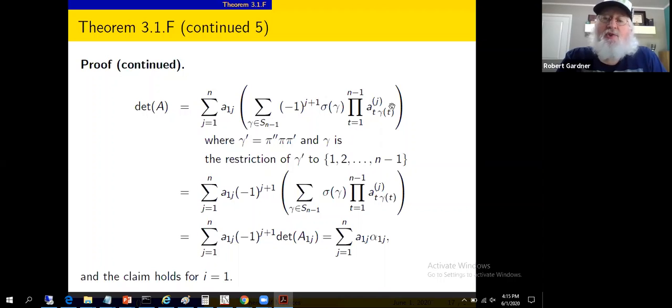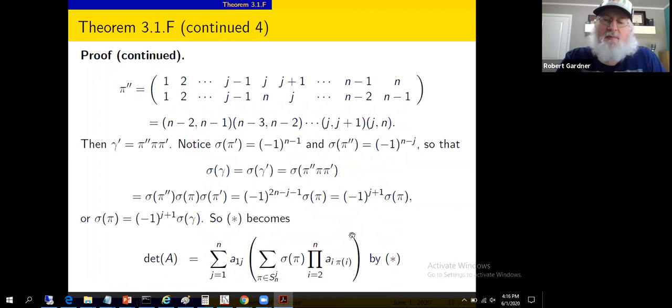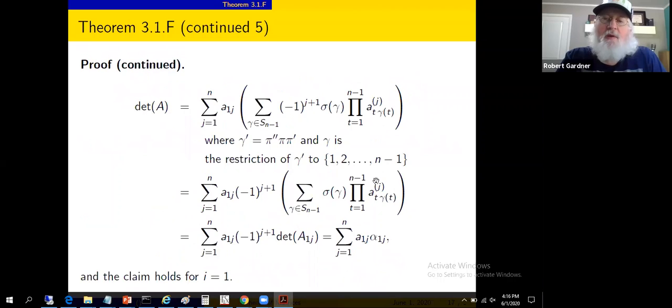Look at the entries of matrix A. We had gamma of t corresponding to pi of i, wasn't it? So we can convert that previous stuff. Let me go back to the previous slide one more time. We had the a sub i, pi of i stuff. We get that translated into a sub t, gamma of t, super j. Sorry for all the superscripts.